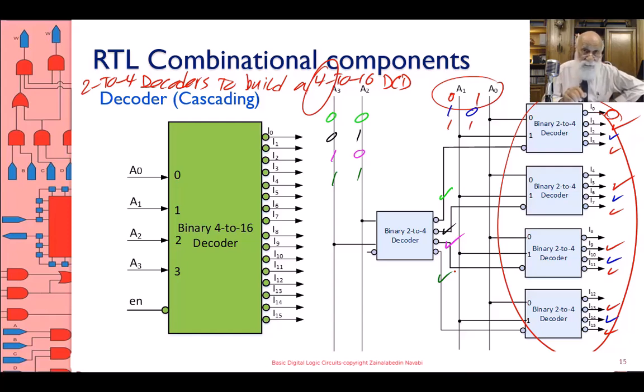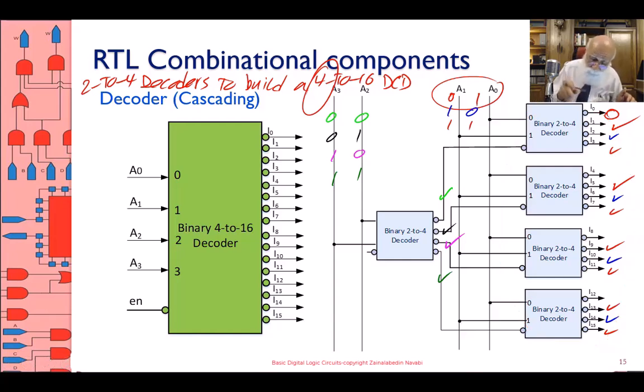If the light green is active, it is connected to the active low enable input of the upper right hand side decoder, and that light green output itself is active low, and therefore if I have 0, 0 on A3, A2, the upper right hand side decoder will be active.